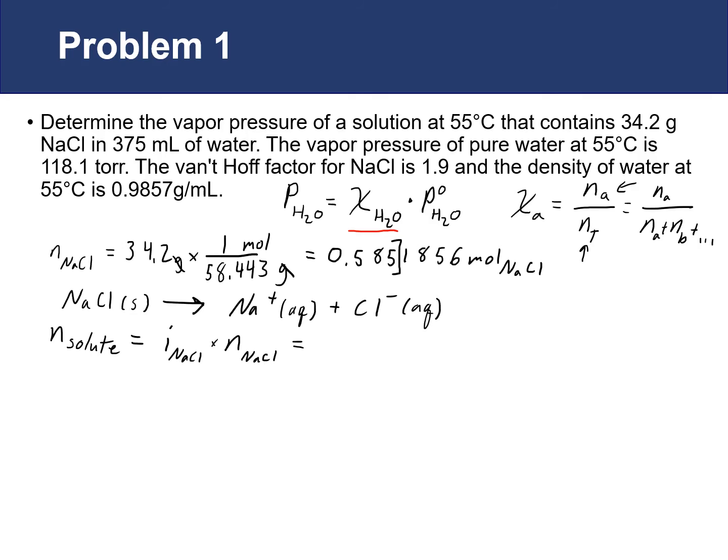So this would be equal to 1.9, this value is given in our problem, times our concentration of sodium chloride that we just worked out, 0.585186. This gives 1.1118, we'll call it 1.1. Our concentration had 3 sig figs, but the Van Hoff factor here has 2. So our end answer is going to have 2 significant figures.